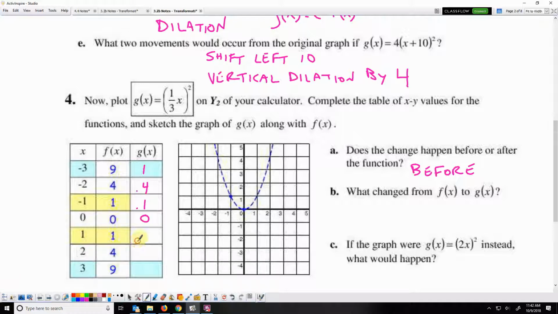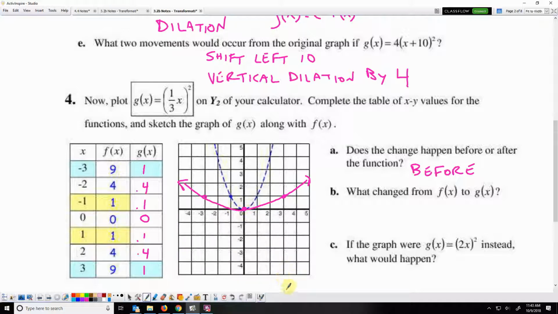And then it's going to be symmetric on the other side. So the ones that we can graph are 0, 0, -3, 1, and 3, 1. So it's going to look about like that.